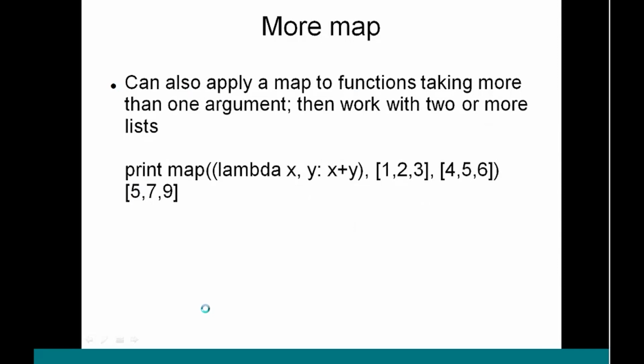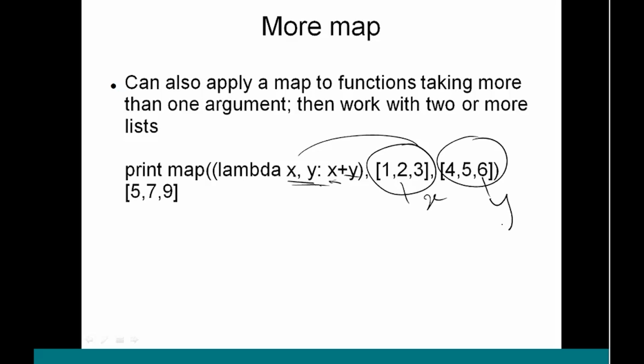Some more on map. Here is something that we saw earlier. We can also add these two, so here we specify two variables, x and y. x plus y is the thing. This sequence is assumed to be x and this sequence is assumed to be y. So you get every pair added and that will be the result. So 1 plus 4 is 5, 2 plus 5 is 7, and 3 plus 6 is 9.